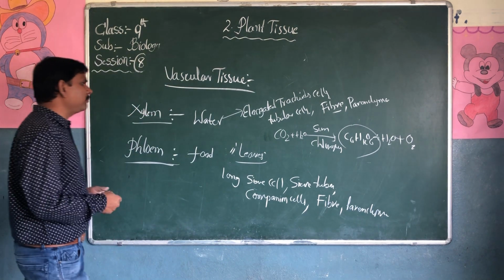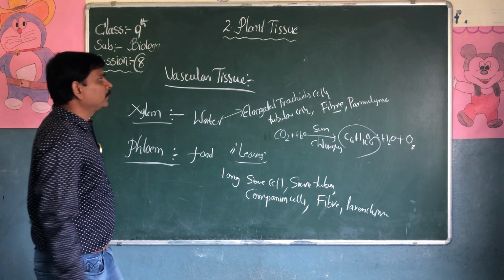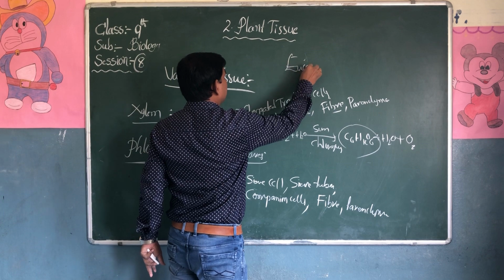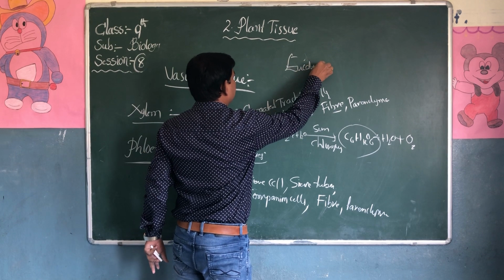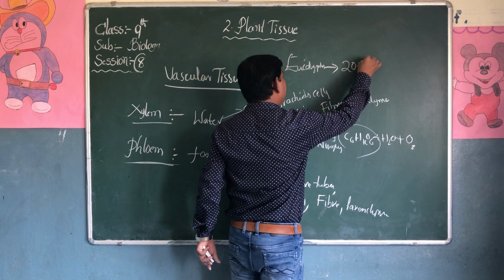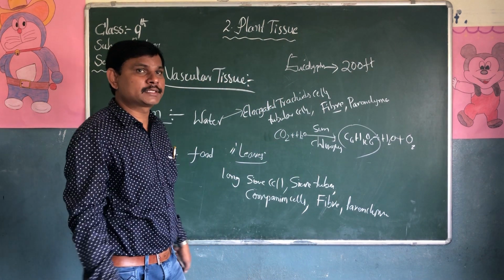So this xylem is responsible for the transportation of water in tall plants like eucalyptus. Water is transported up around 200 feet in eucalyptus plants.